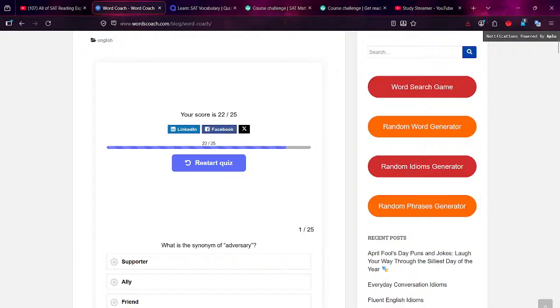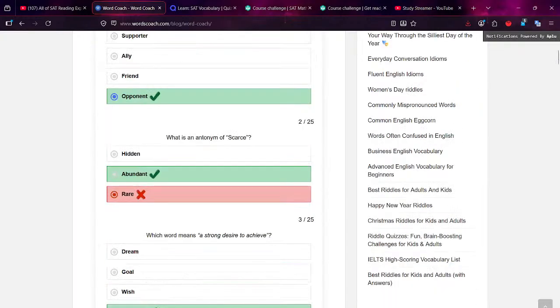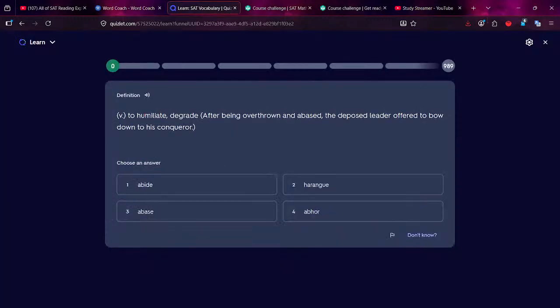Going to be 22 out of 25. That's pretty reasonable. That's a score of 88%, which is not bad. All right, moving on to the next vocabulary section.